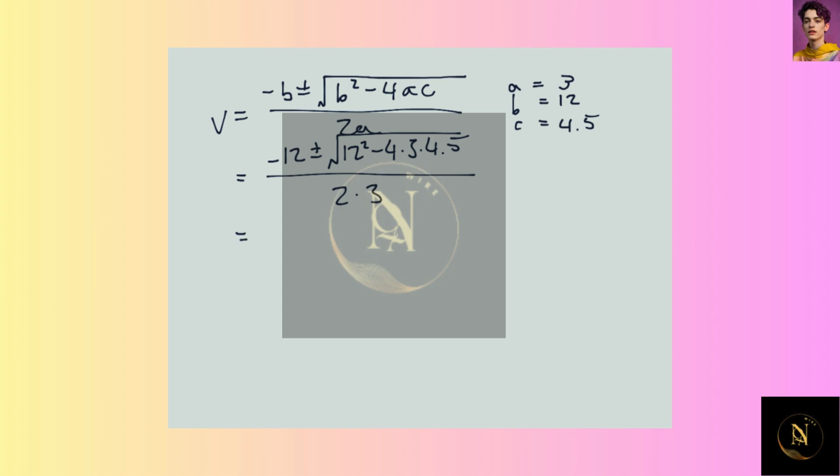Now this gives us two possible values for V. We'll end up with negative 12 plus the square root of 144 minus 54, or negative that, and that's over 6, because 2 times 3 is 6.